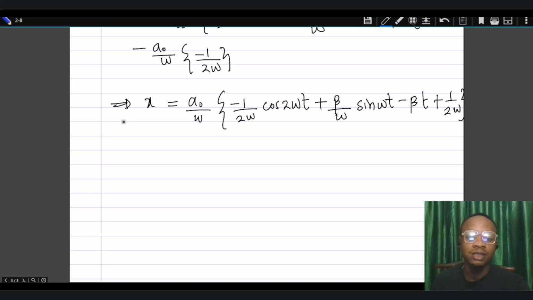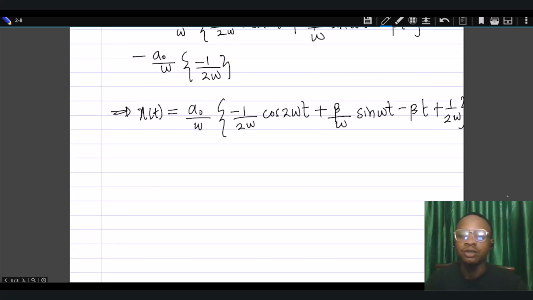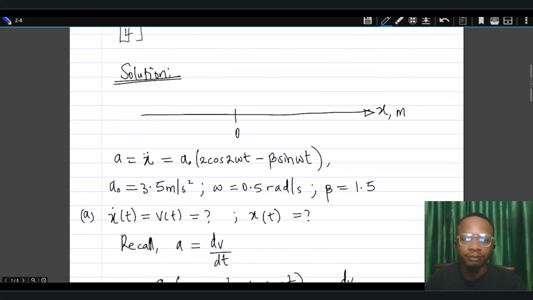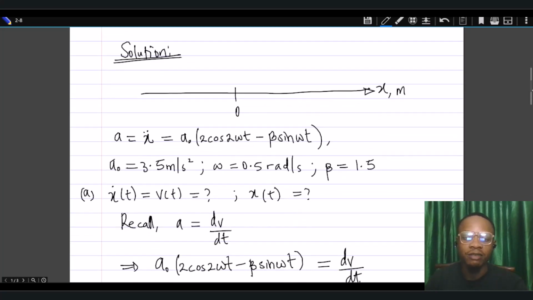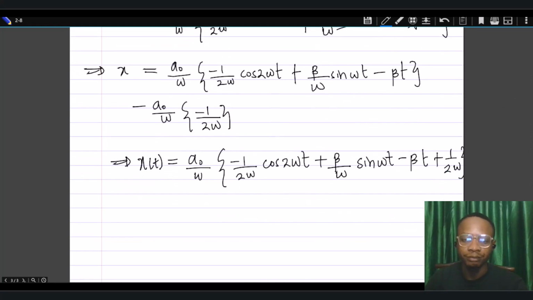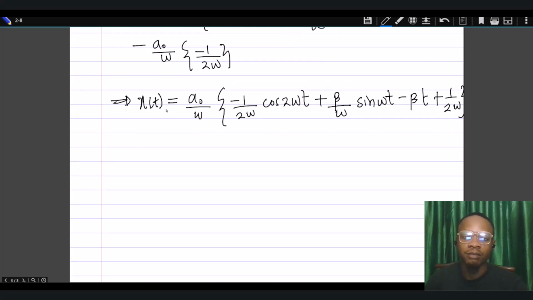So to just tidy this up, we can now substitute the values of these constants a naught, omega, and beta. So you recall that right here, a naught is 3.5, omega is 0.5, beta is 1.5. Okay, and of course, if we do this now, we can see that everything here is still being divided by omega.